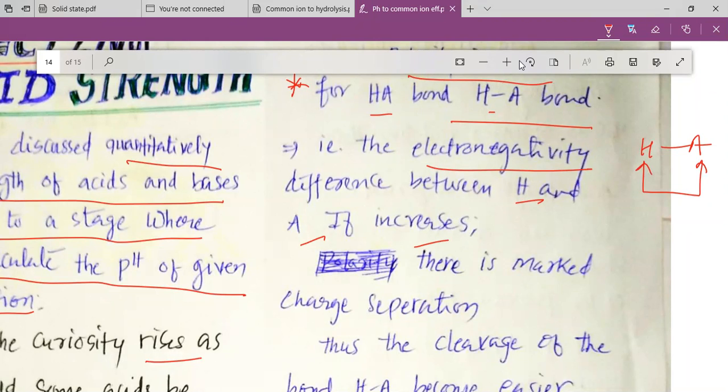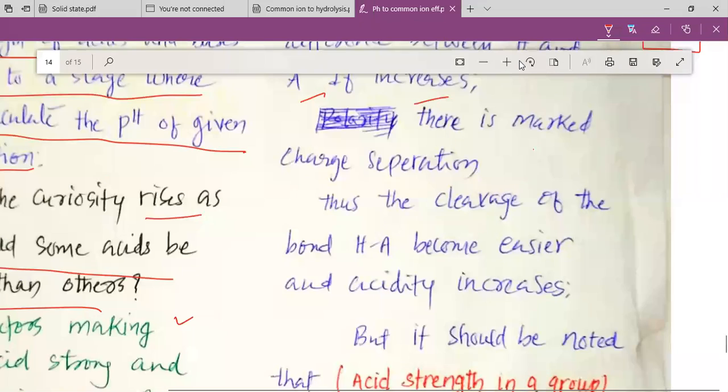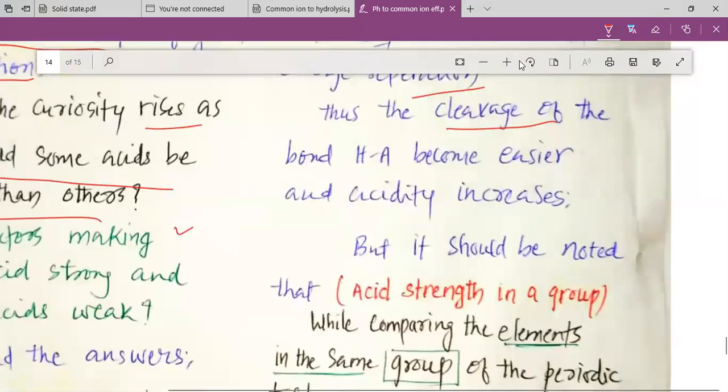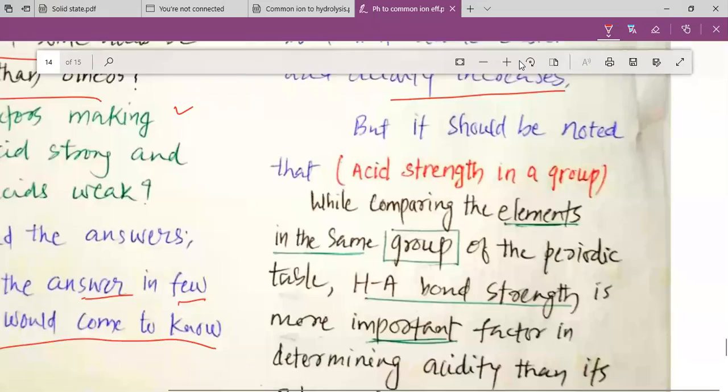So if the electronegativity difference between H and A increases, my dear students, there is a marked charge separation. Thus the cleavage of the HA bond becomes easier, and then the acidity increases. So if the electronegativity difference between H and A is more, acidity is more.